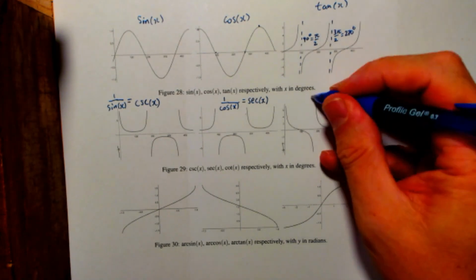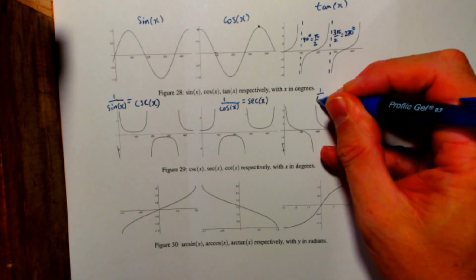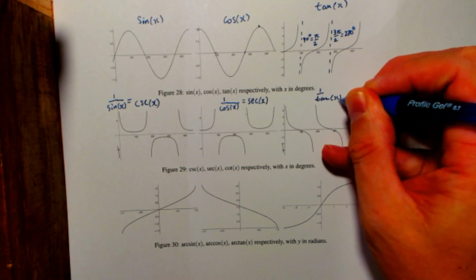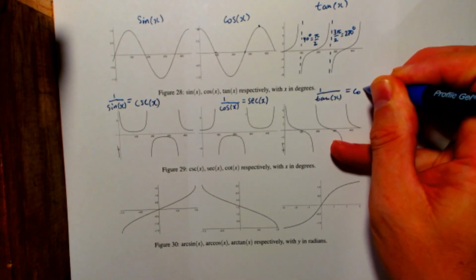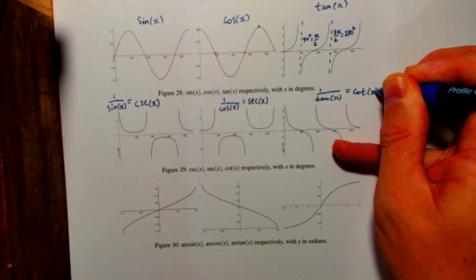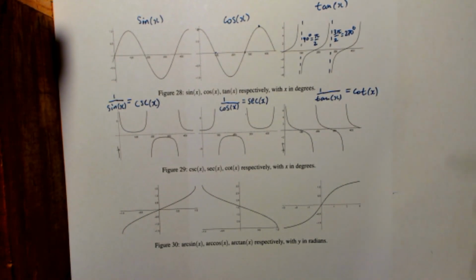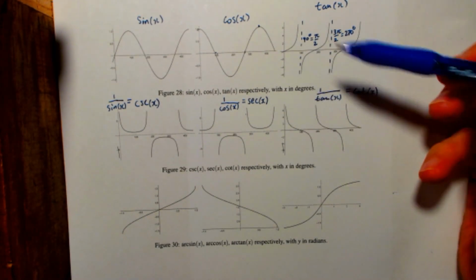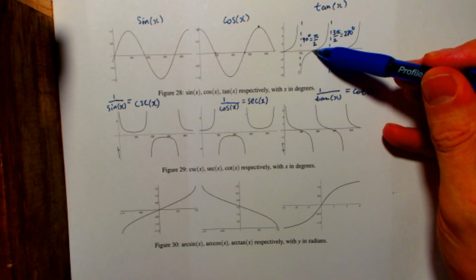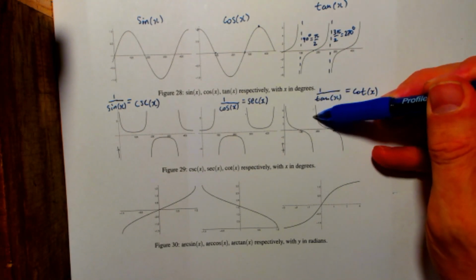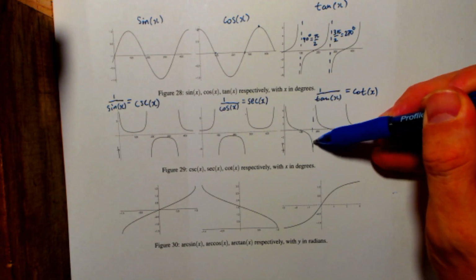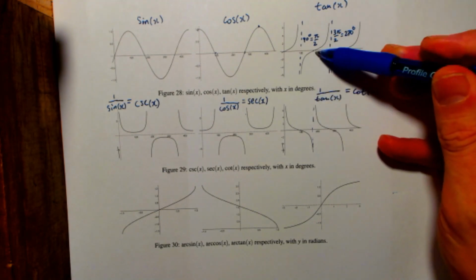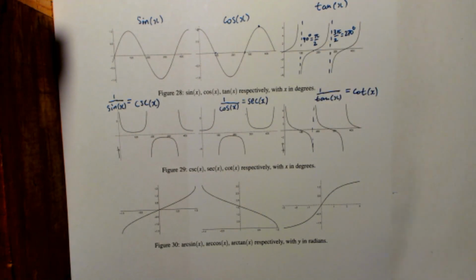Okay, and this one here is 1 over tan of x, which is cot of x. So when tan is 0, we've got a vertical asymptote in cot. This cot would not be defined when tan is 0.